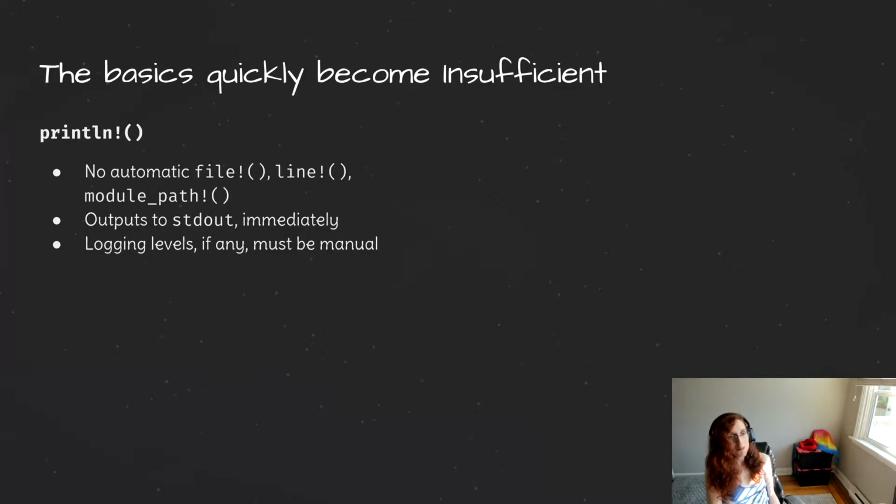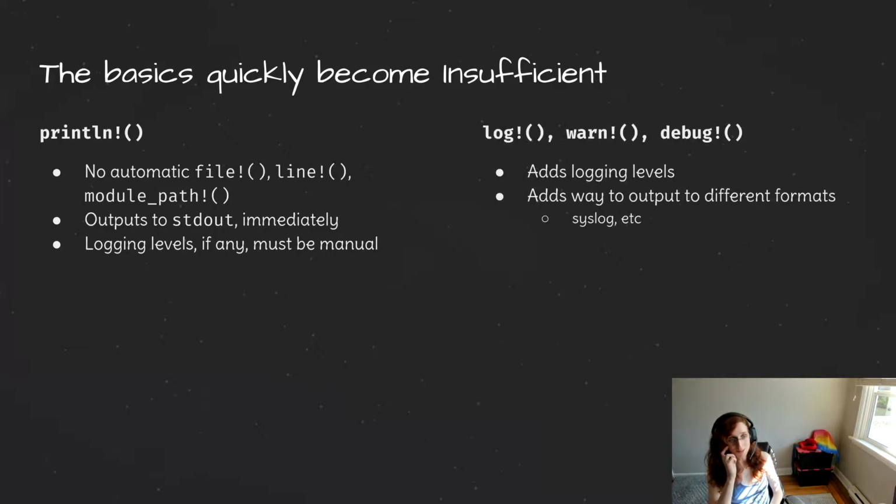It quickly becomes burdensome, and you're kind of compelled to reach for tooling to provide some of these for you. It also doesn't do anything like logging levels, which the log crate does, and it's a very obvious first choice for users because it offers simple logging levels and a way to output in different formats, such as syslog format.